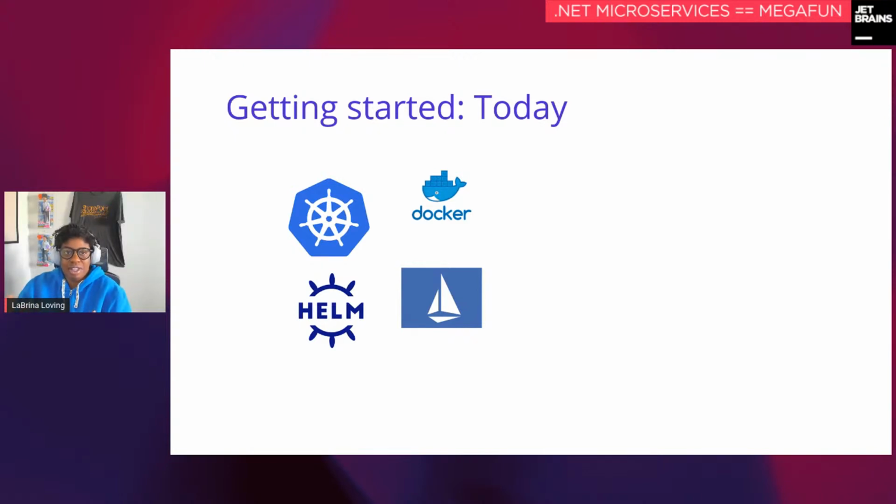There's Helm for deployment, and Istio, and really the set of tools and technologies that I, as a .NET developer, have to learn grows exponentially when I start deploying and building microservices at scale, especially when you go beyond your classic hello world type application.